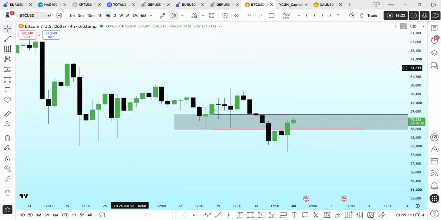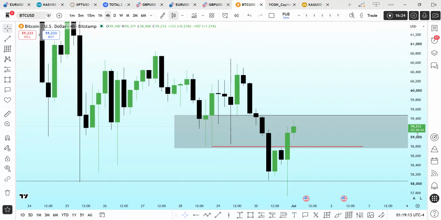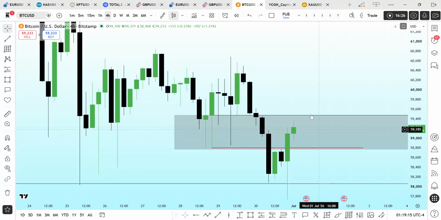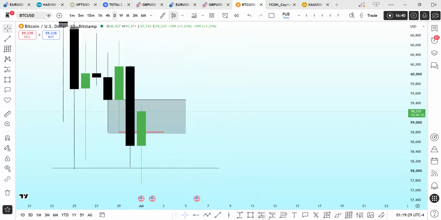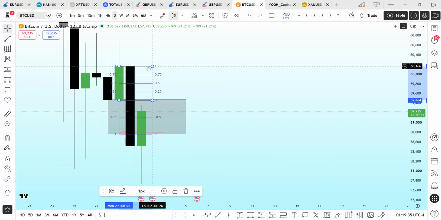But if we go on daily to 4 hour, we can clearly see that there is this big 4 hour gap, and as we have said, this is the daily opening price of that order block, and we also know that the 0.5 range of the order block becomes very important.